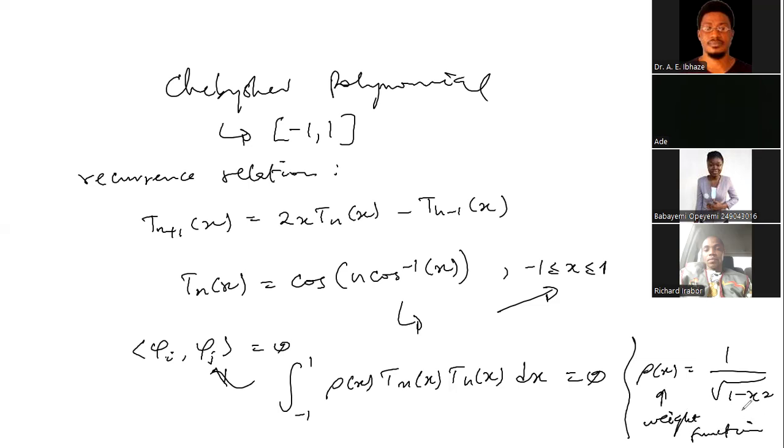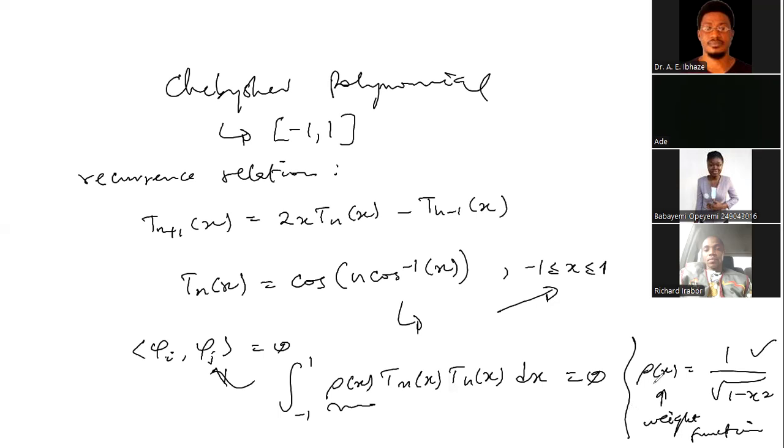And the weight function is to enforce stability, right? And in this case, this weight function, beyond enforcing stability, ensures orthogonality over this interval. So we don't want this to diverge from this point, okay? So for us to be able to maintain orthogonality between -1 and 1, then the weight function has to be 1 over the square root of 1 minus x squared, okay?